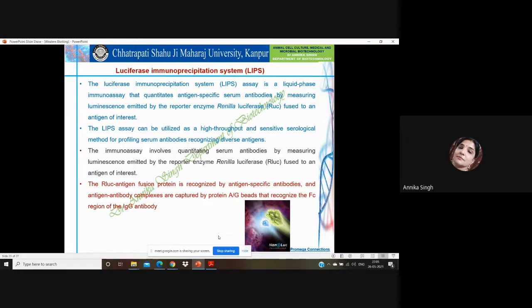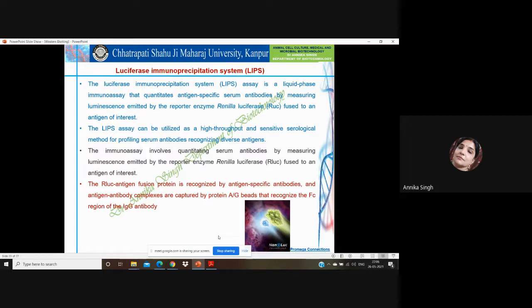In this assay system, first the Renilla luciferase antigen fusion protein is constructed, then it is exposed to a particular serum which may contain antigen-specific antibodies.